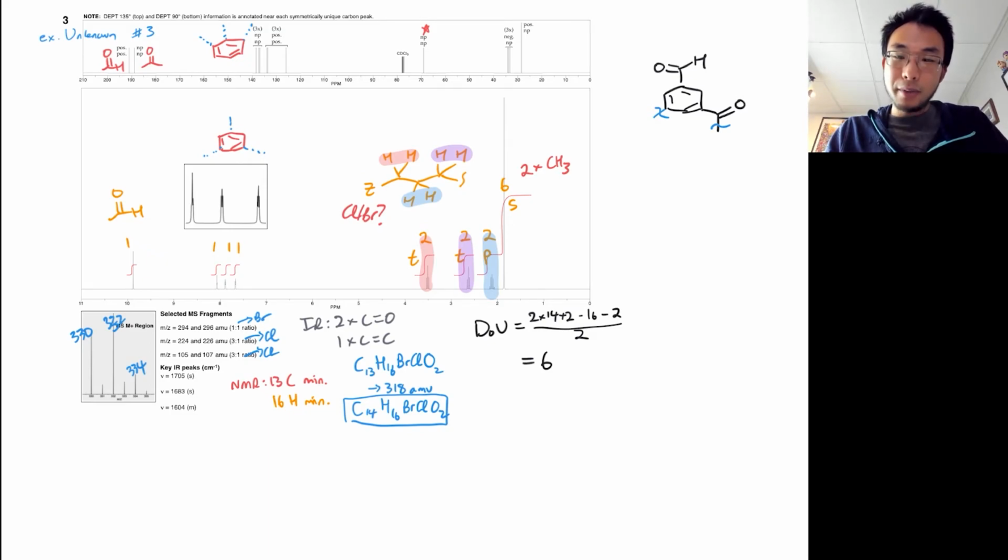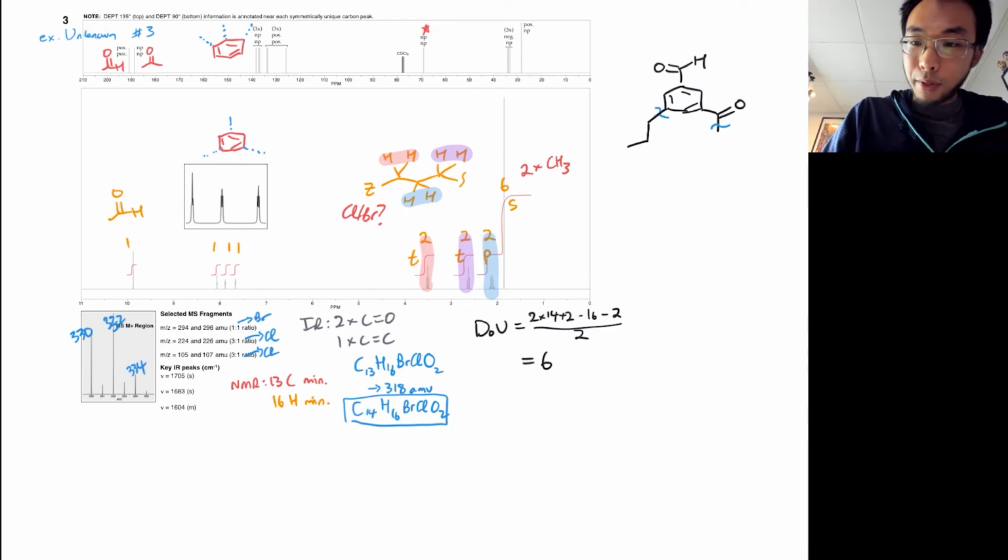And so for that reason, I'm inclined to put this chain as the group attached to the benzene ring. Again, that's a little bit more subtle and requires you to do a little bit more comparison to other known data sets. But this chemical shift here for this purple pair of hydrogens is a little bit more downfield than I would expect for just being at a position next to the carbonyl. That's why I put it on the benzene ring.